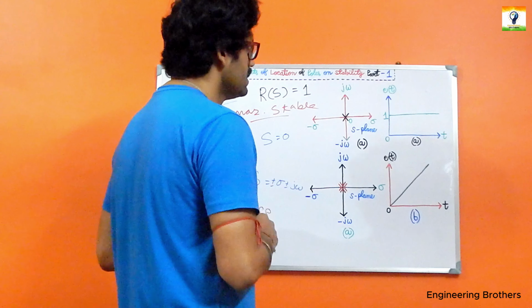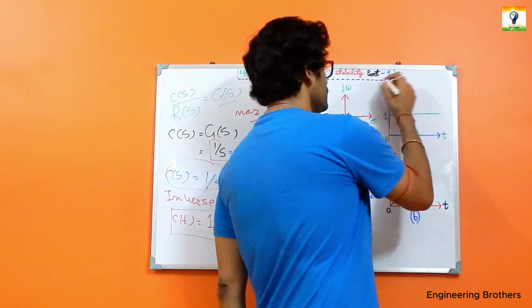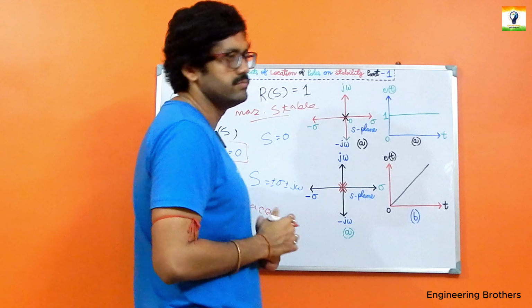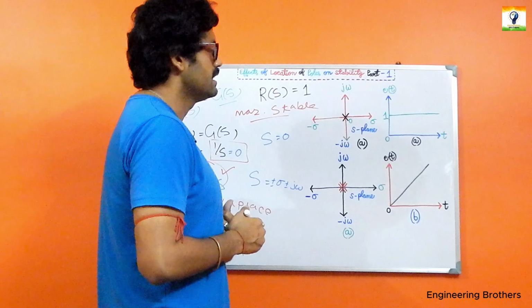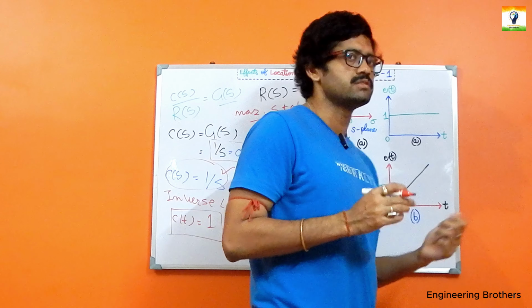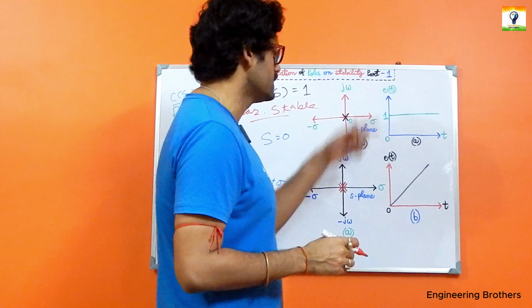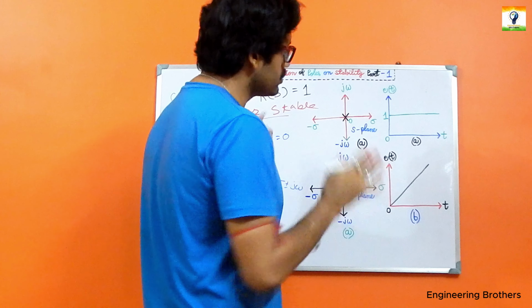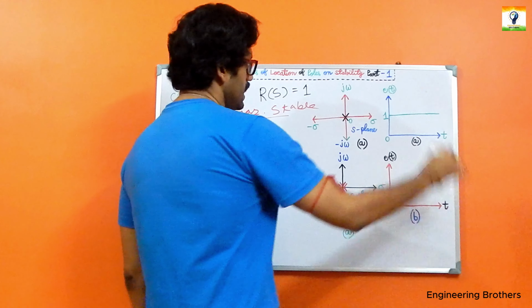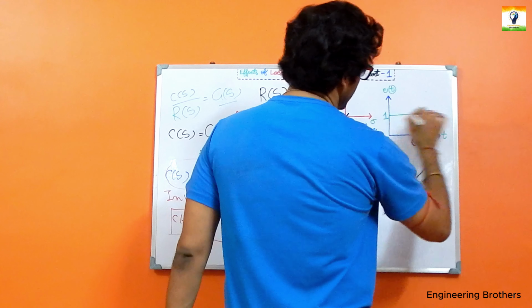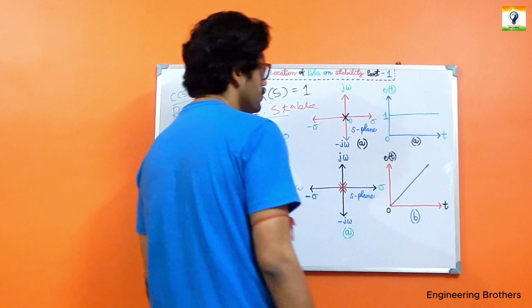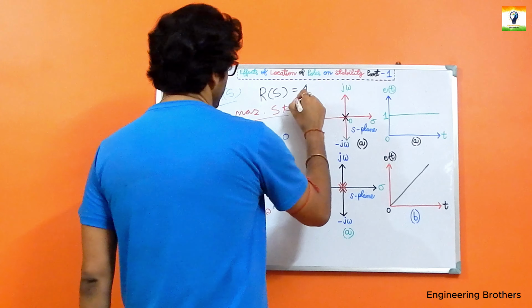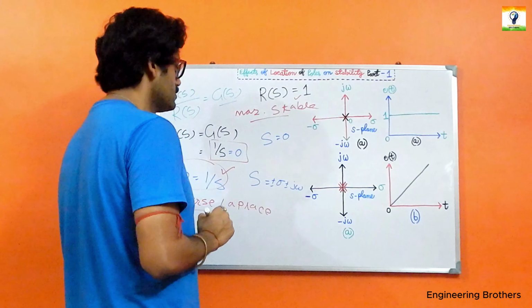In another case, if c(t) goes towards infinity as time t tends to infinity, then that is the condition for an unstable system. But here, it is neither increasing nor decreasing, and throughout the operation the value will be 1. Now quite naturally we can say that we have a marginally stable system.